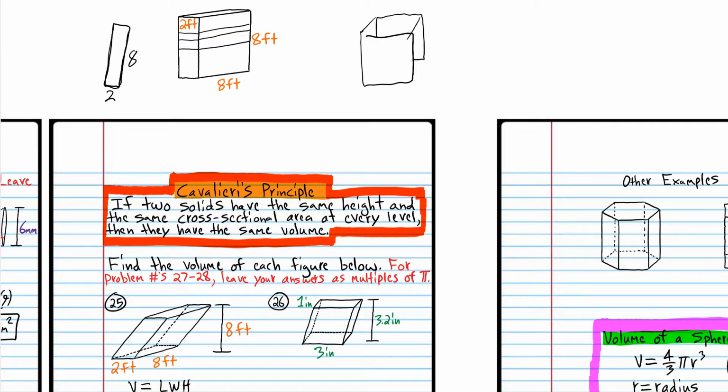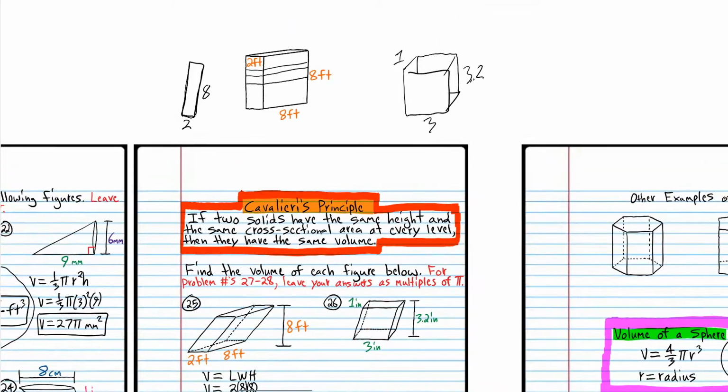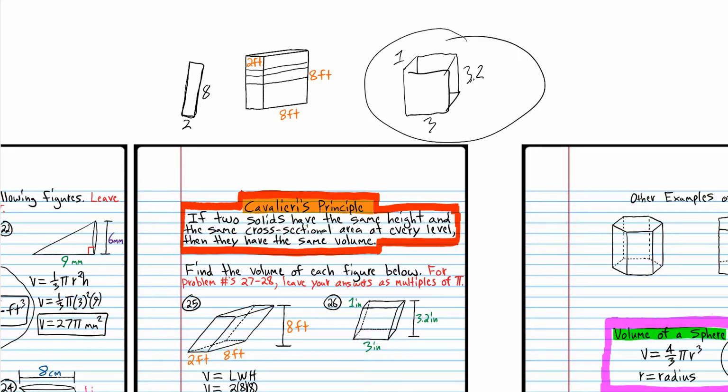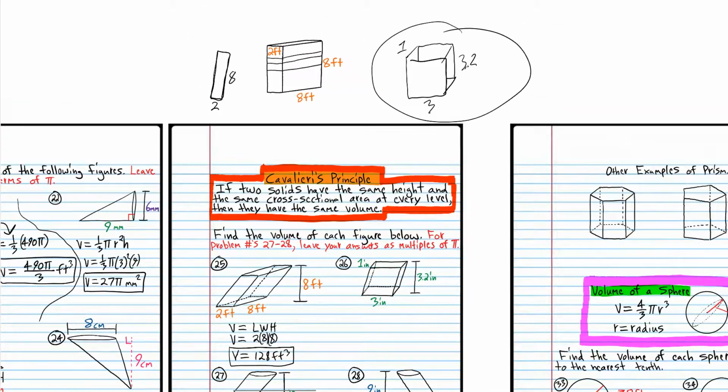I'm not drawing it perfectly, but this is 3 inches, and this is 3.2 inches, and this is 1 inch. Then the volume of this rectangular prism is the same as the volume of this weird shape, because the height is the same, and the cross-sectional area is 3 by 1 for each slice. So you can find the volume of this rectangular prism, and that's going to be equal to the volume of this shape down here. So go ahead and try 26, and when you come back, we'll do it together.